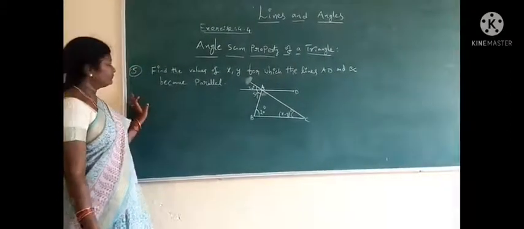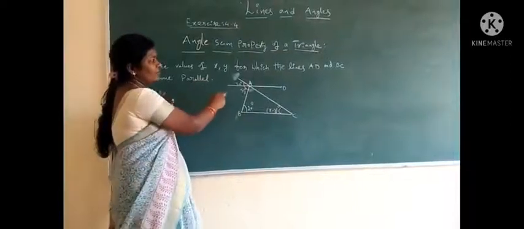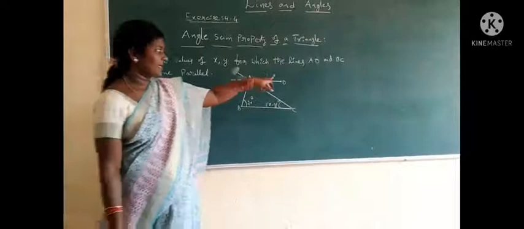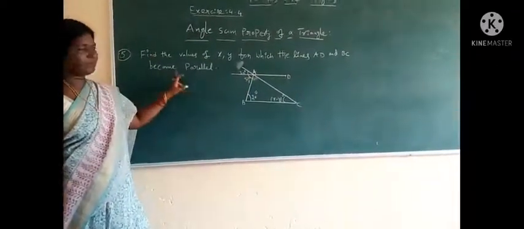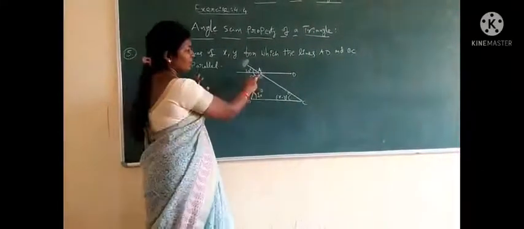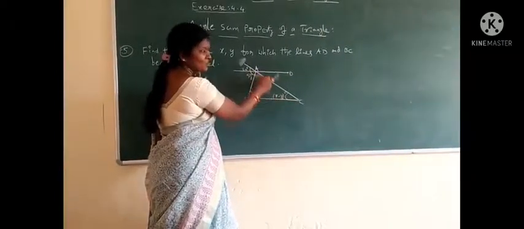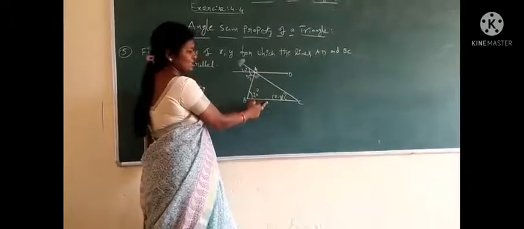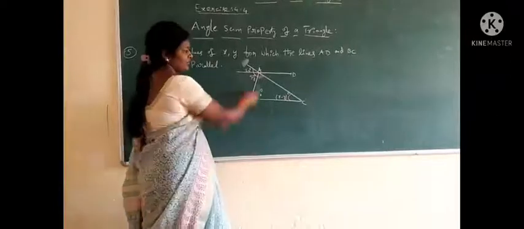Next problem. Find the values of x and y for which the lines AD and BC become parallel. Observe this figure. AD and BC, these two lines are parallel lines, and AC is the transversal.